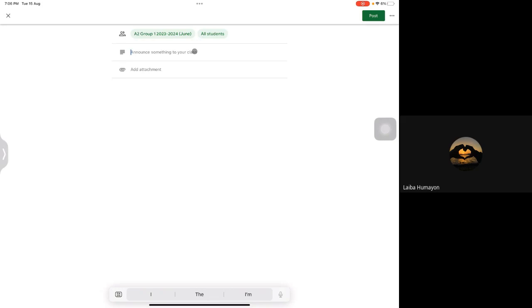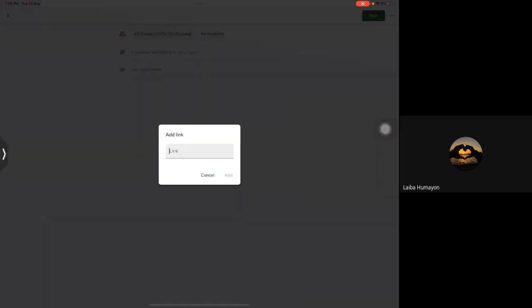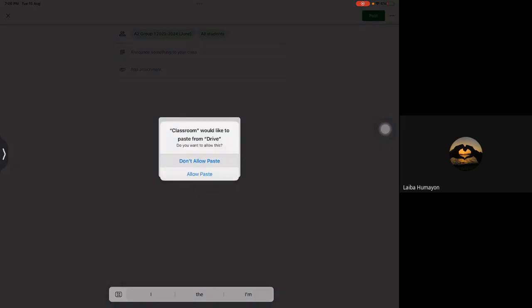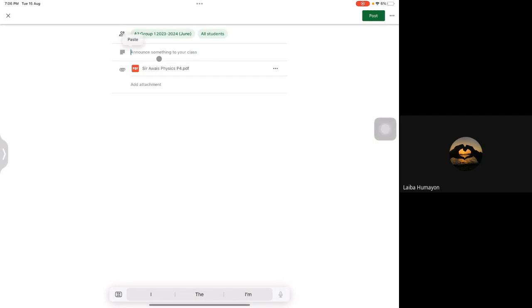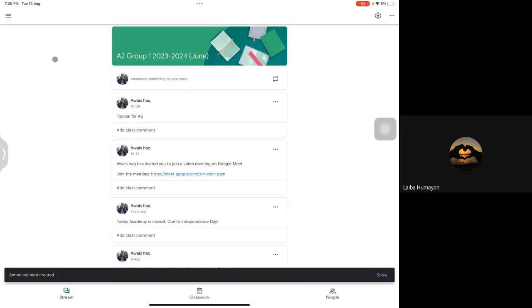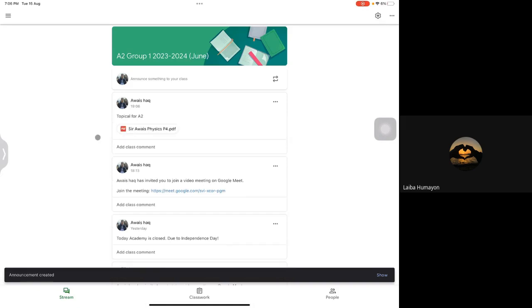If you keep on practicing small parts in each chapter, I think you won't lose any marks. So you need to download this. This is the topical for A2. Just go into thermodynamics and find the questions that we've done today and practice them.